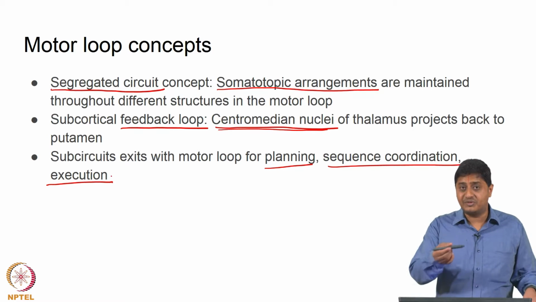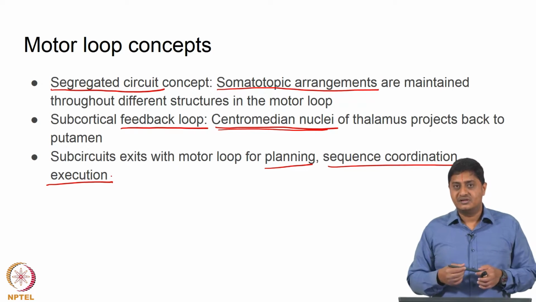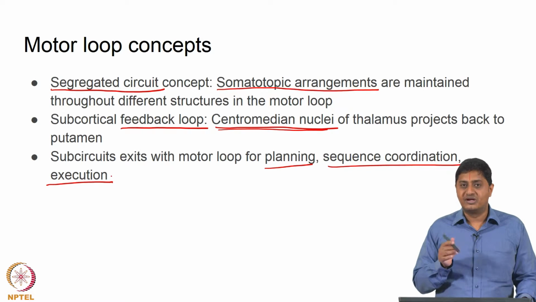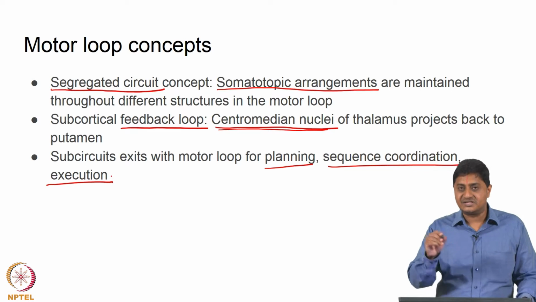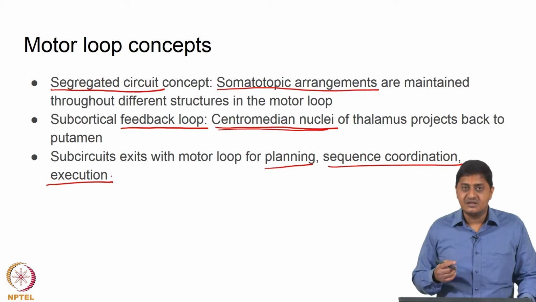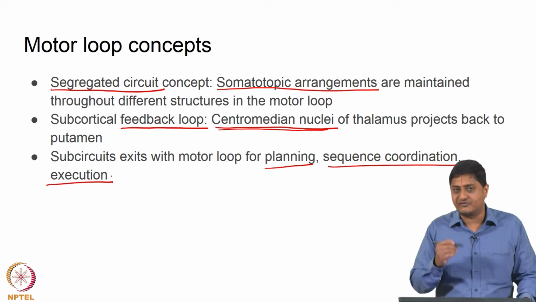Whether I want to pick up the pen, or push the pen out, or perform a cyclic movement like that, or write, for example. These are different functions, but essentially we are using the same limb and the same effector.